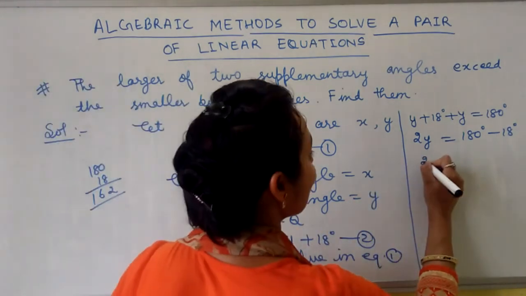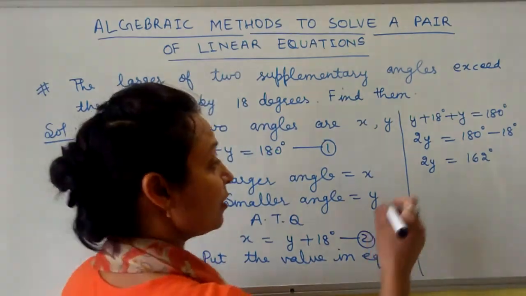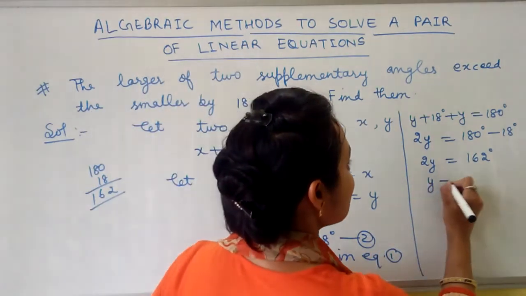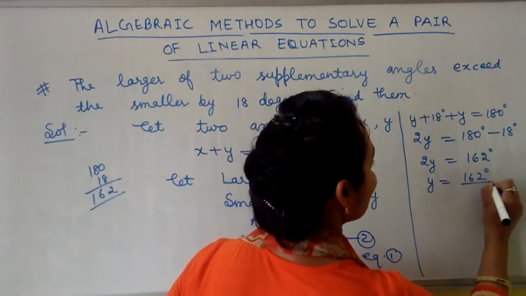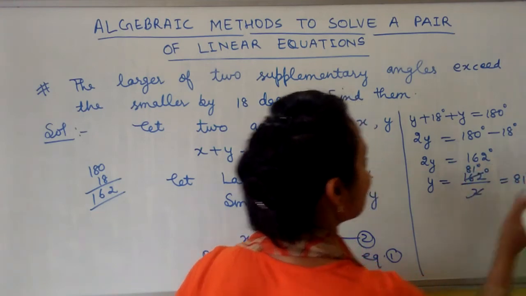So 2y = 162 degrees. Now y = 162 degrees upon 2. After cancellation we have 81 degrees.